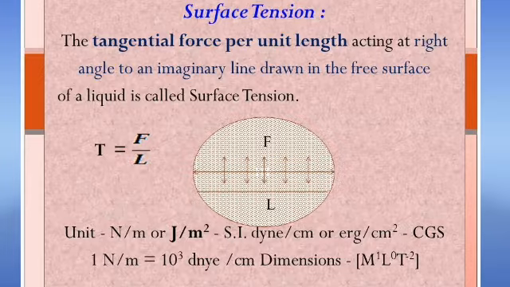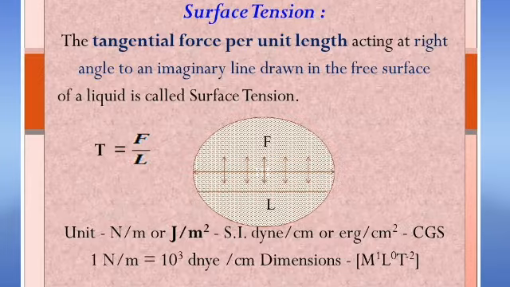That is, T is equal to F by L, where T is surface tension, F is tangential force, and L is the length on both sides of an imaginary line. The SI unit of surface tension is Newton per meter or Joule per square meter.